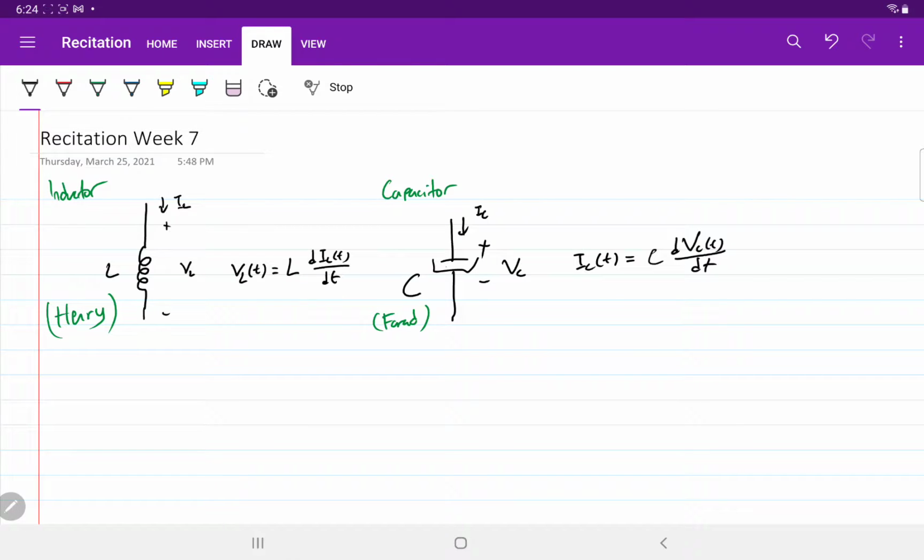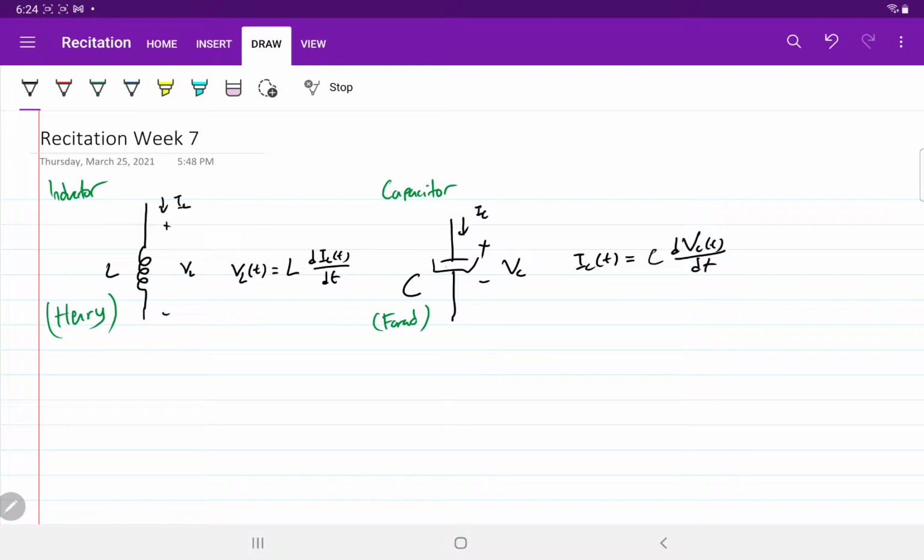If you see these equations, the voltage across an inductor only exists when the current is changing over time. When the current is constant, there is no voltage across the inductor. The same with a capacitor: the current through it only flows if the voltage across it is changing.